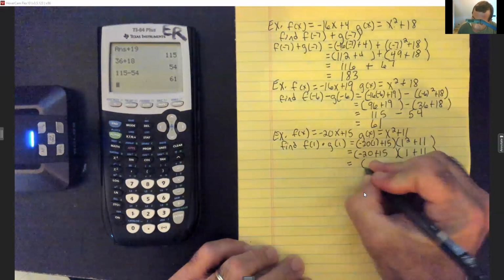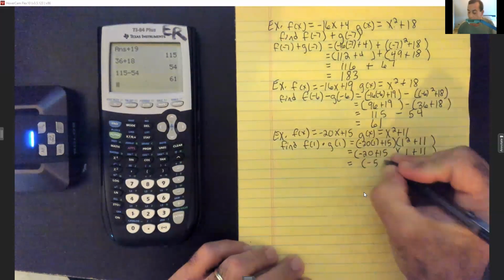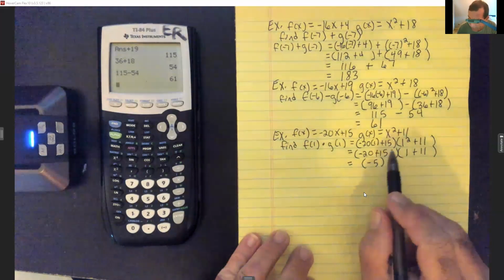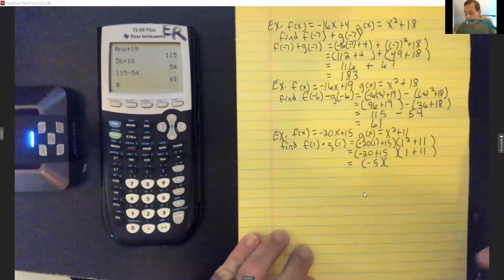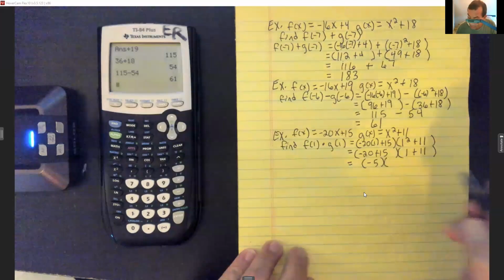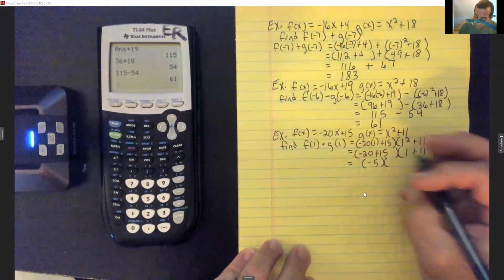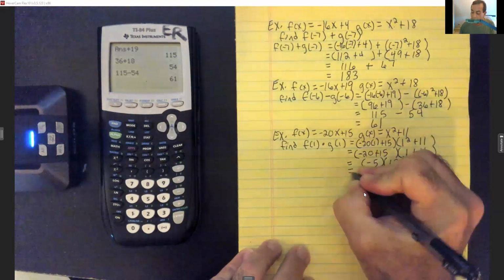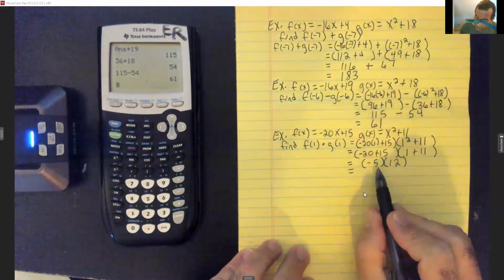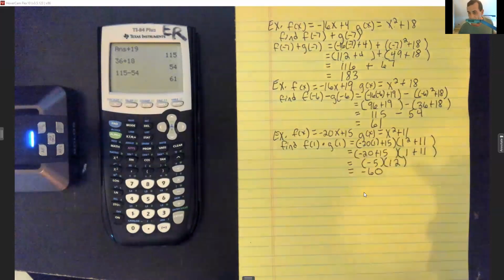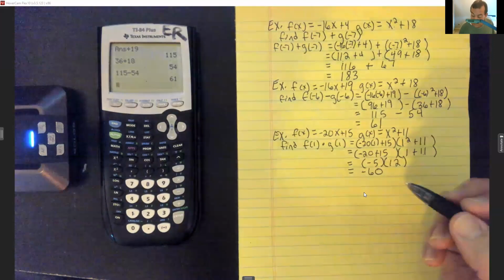Negative 20 plus 15 is a negative 5. Now, I'm writing parentheses on these single numbers because I know I'm going to keep multiplying, okay? And it saves me from having to write that dot, I guess. And in this parentheses, I had 1 plus 11 is 12. All right, my final number will be negative 5 times 12, which is a negative 60. So remember, unlike signs, when you multiply, will give you a negative answer.